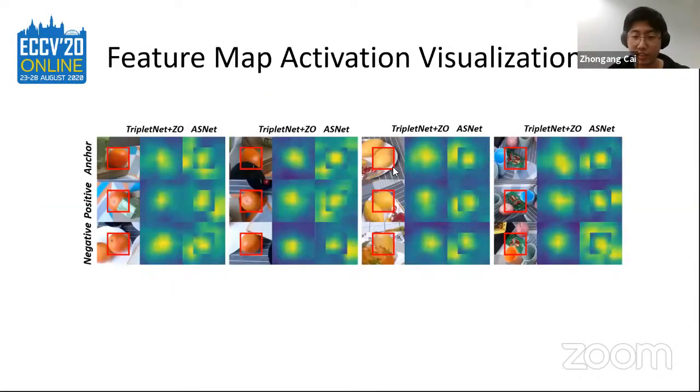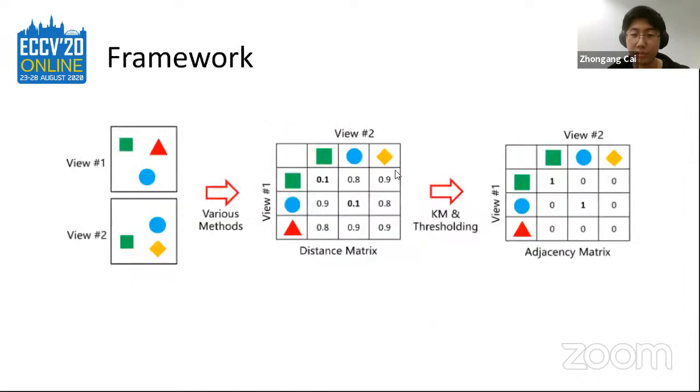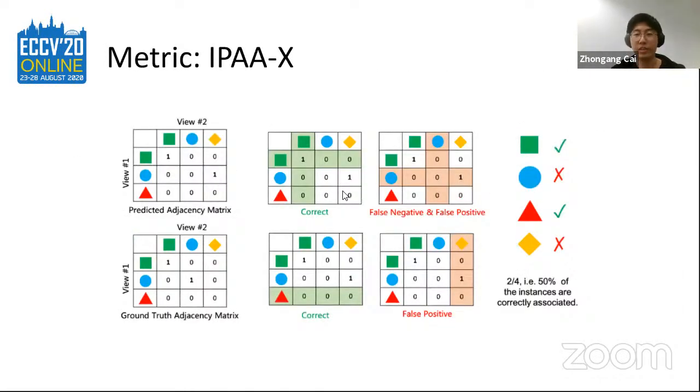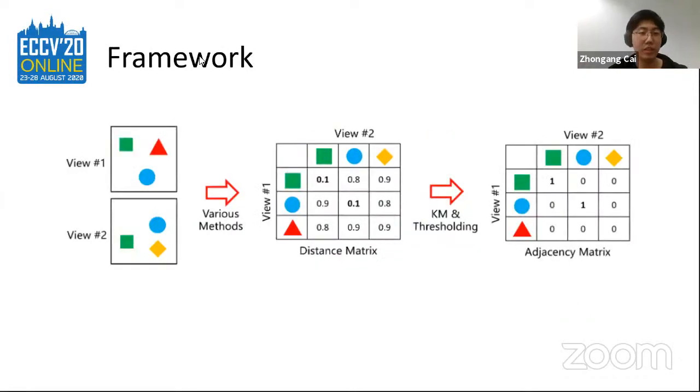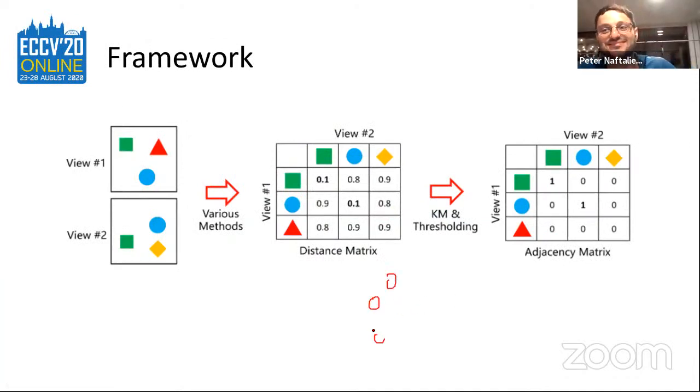Okay, right. So the algorithm will leave out the unused ones. Let me find my pen. Let's say we have three objects over here from one view, and then we have two from another view.